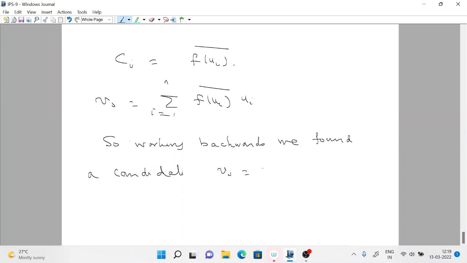Namely, V0 is given by summation f of Ui bar Ui, i equal to 1 to n. So I want to know, therefore I want to know for any V, is f of V equal to inner product of V with V0. This is what I have to check now. Therefore to check, we have to verify now this V0 does the job.